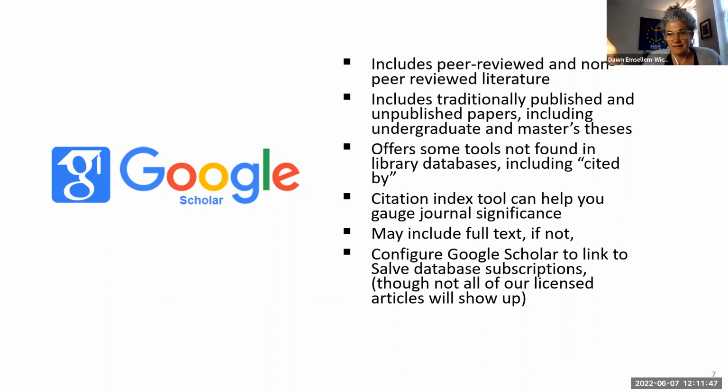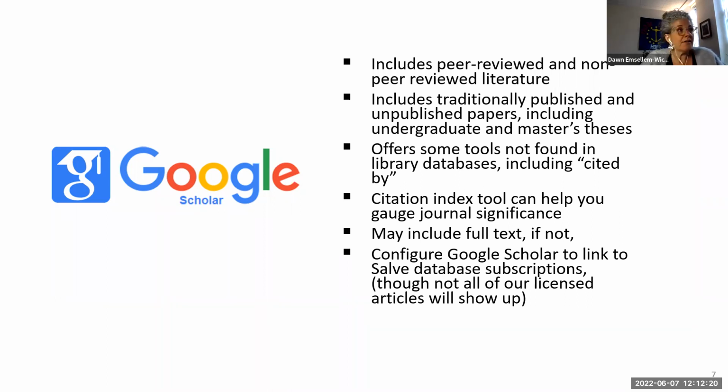You can just enter your entire research question in Google Scholar, and you'll get results back. And sometimes they help you refine your search by showing you what words scholars use to refer to your topic. You should use it with some measure of skepticism, because it includes peer-reviewed and non-peer-reviewed literature.